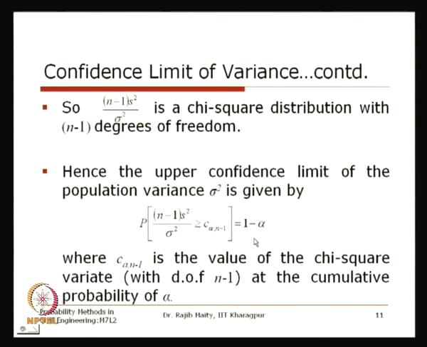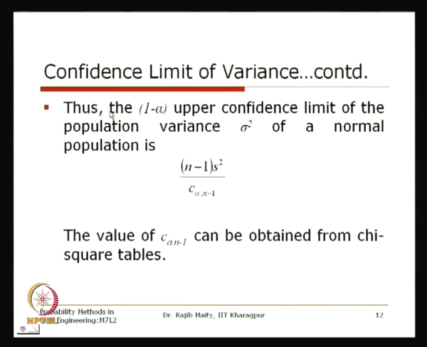These values we can get from standard chi-square distribution tables, which are available in most textbooks. Thus the 1 minus alpha upper confidence limit of the population variance sigma square of a normal population is n minus 1 S square divided by C alpha, n minus 1. Once we get this value from the chi-square table and the sample estimate, we get the upper confidence limit at 1 minus alpha confidence level.